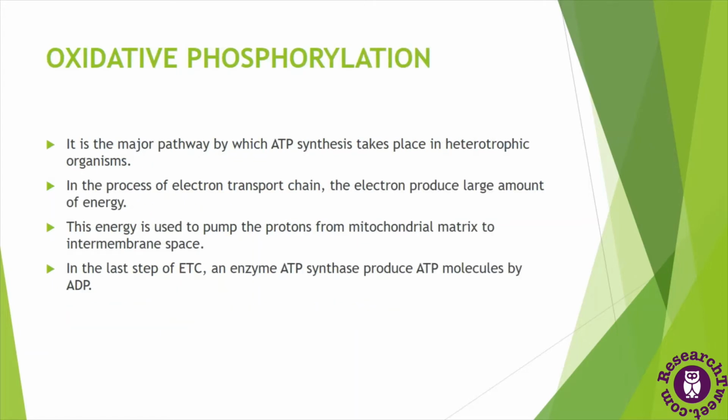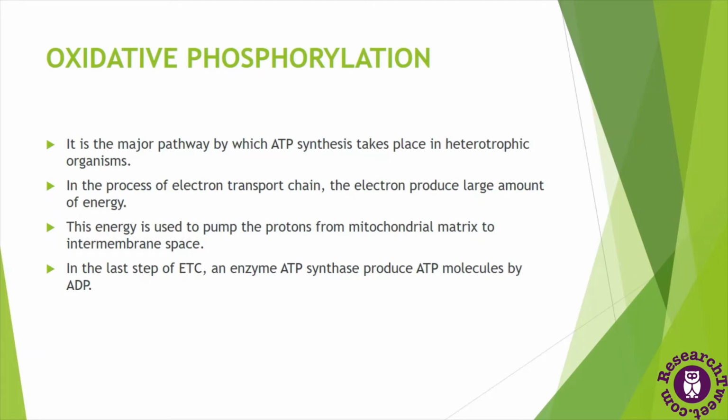Now, let's understand the process of oxidative phosphorylation, or the electron transport chain, which is the major pathway by which ATP is synthesized in heterotrophic organisms or in humans. In the electron transport chain, the electrons produce a large amount of energy. As we have studied in our earlier videos, the electron transport chain, or oxidative phosphorylation, is the final step of cellular respiration as well as glucose metabolism.